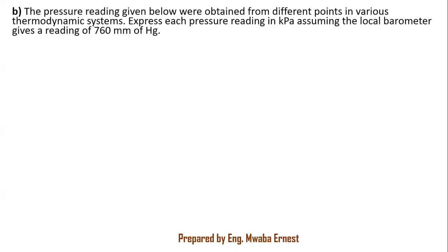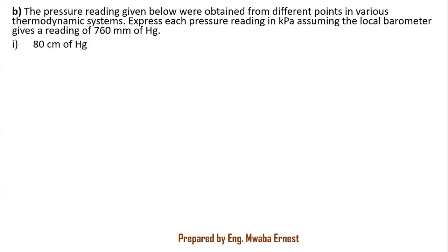Here's our question. The pressure readings given below are obtained from different points in various thermodynamic systems. Express each pressure reading in kilopascals, assuming the local barometer gives a reading of 760 millimeters of mercury. What this means is that where we are given gauge pressure, we'll refer back to barometric pressure, or atmospheric pressure, and that is our first stopover.